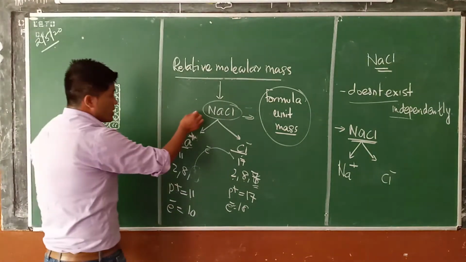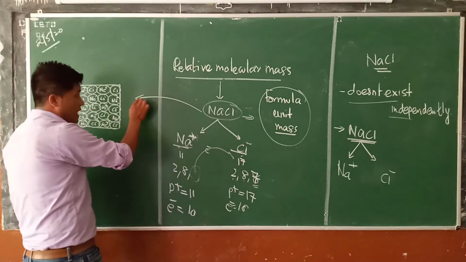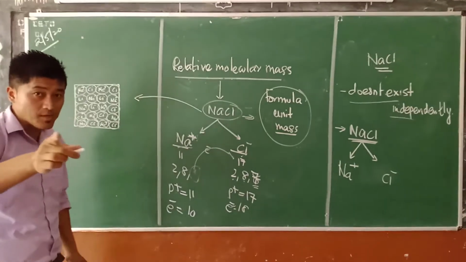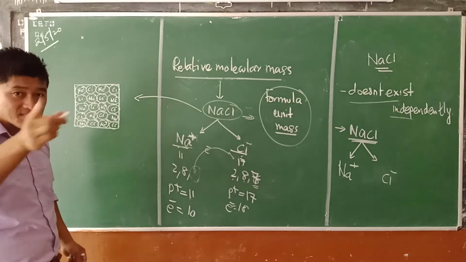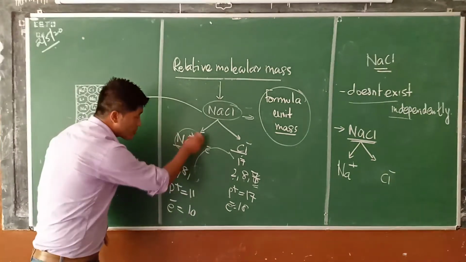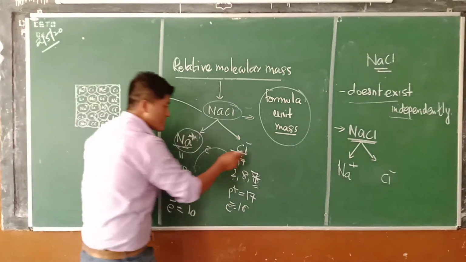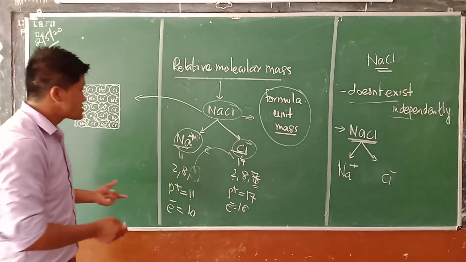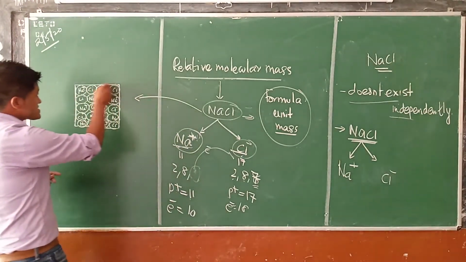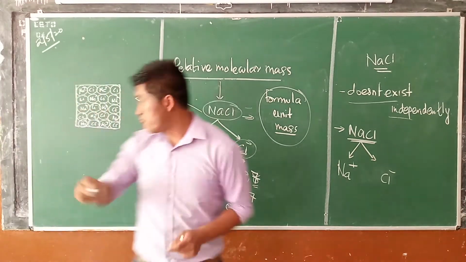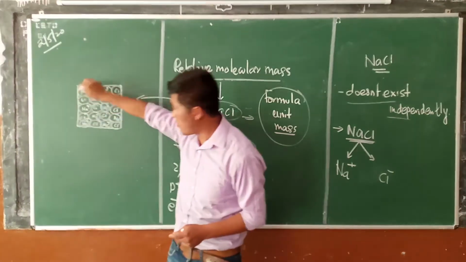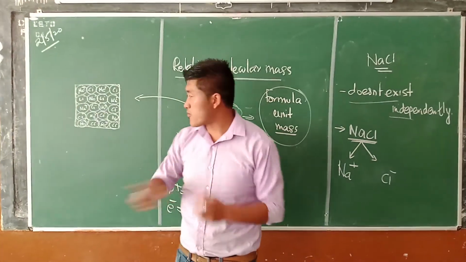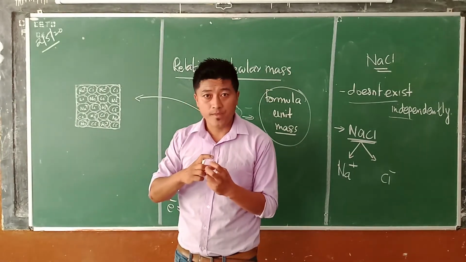Now, an ionic compound means a compound which has the presence of a positive ion, which we call a cation, and a negative ion, which we call an anion. So in this small volume, so many ions are stacked together.